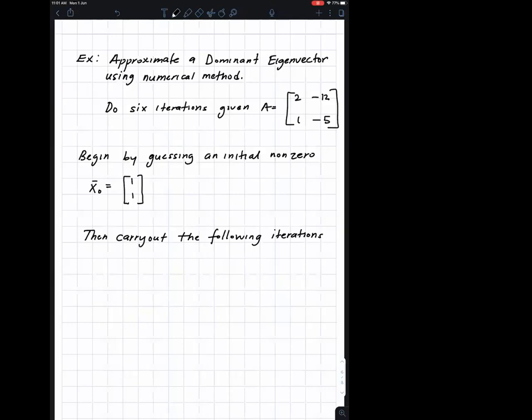Then carry out the following iterations. Iteration 1, call this x1 bar, is matrix A multiplied by your initial guess.